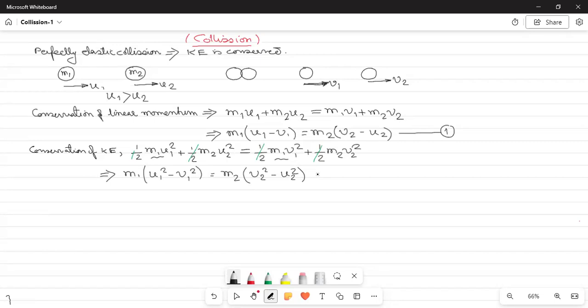Let us say this is equation 2. We shall need it at some other time.